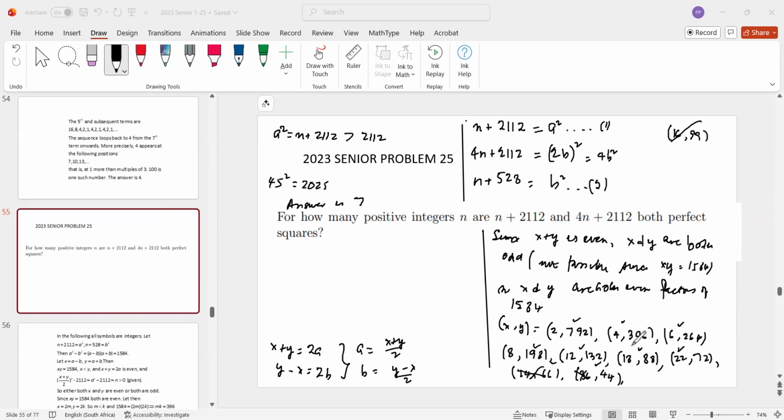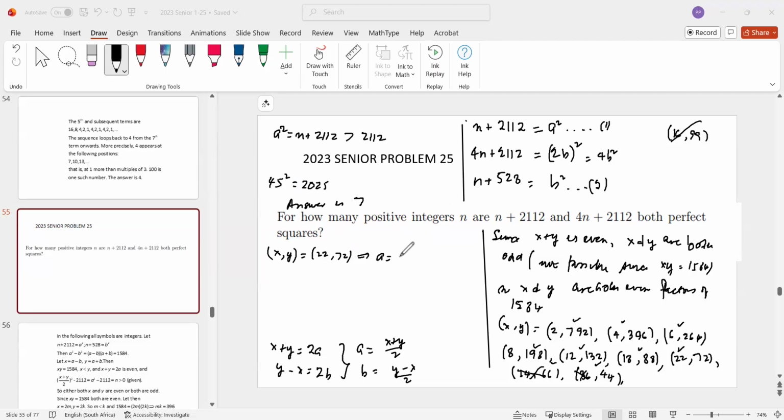Let's try one of the a's just to check. Let's take the one, say, 2272. So let's try xy equals 2272. This implies that a, I'm not worried about the b, I just want to know how many solutions there are. So a is equal to (x plus y) over 2.